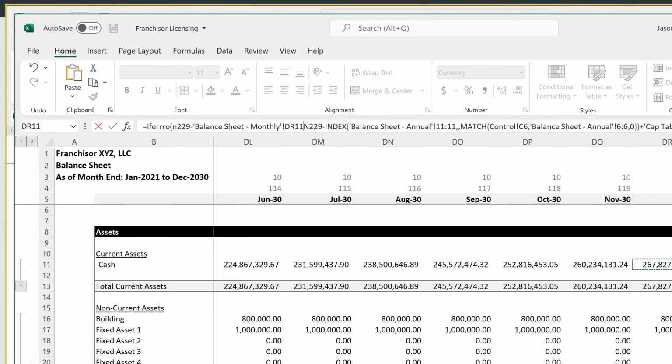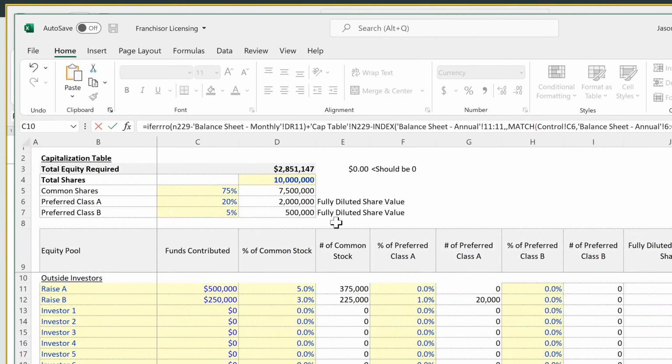So we can just do this, plus the cap table amount, which is equity. What did I do here?